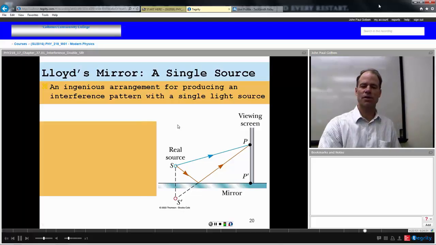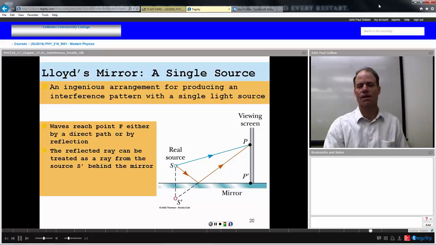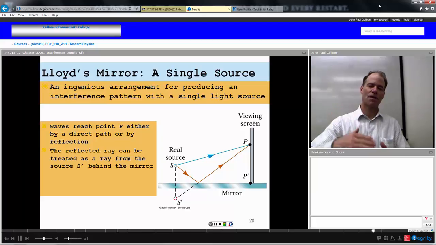This real source is going to emit a wave towards this point P, but it also will emit a wave that will reflect off this mirror and head back up towards P as if it were coming from a point behind the mirror, from where the image is. So the reflected ray can be treated as a ray from a second source, S prime, located behind the mirror, as far behind the mirror as the real source is above it.